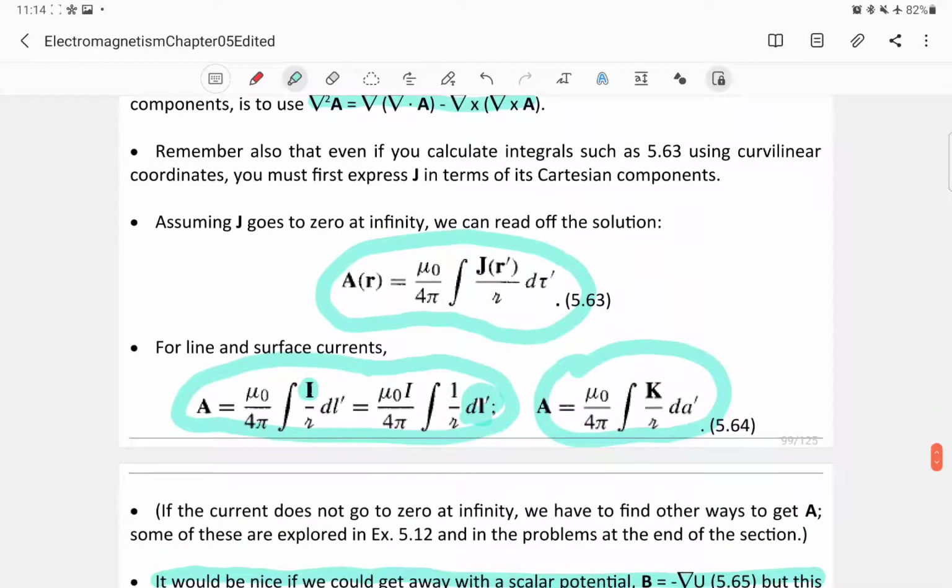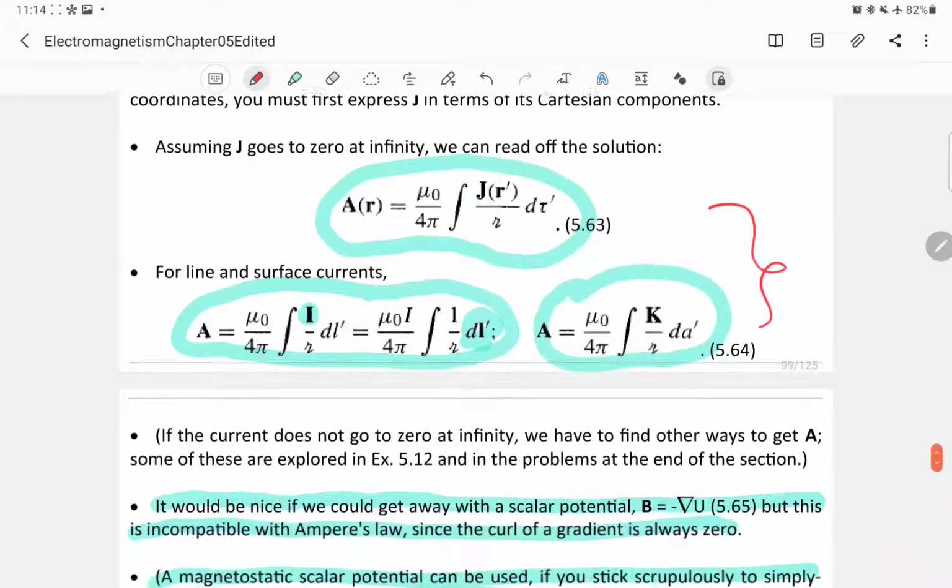So we can't use these equations in that problem.